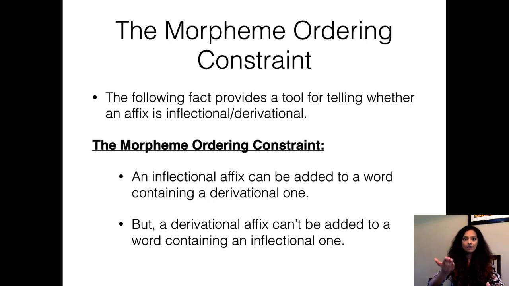Because once you attach the inflection, that particular word is no longer acceptable and cannot have any more suffixes attaching to it. But if you have a derivational morpheme, you can have an inflectional morpheme after that, right? So you can have playing and then make that into played, etc., right?